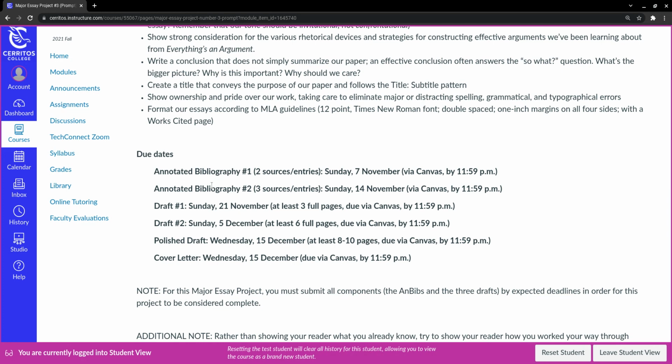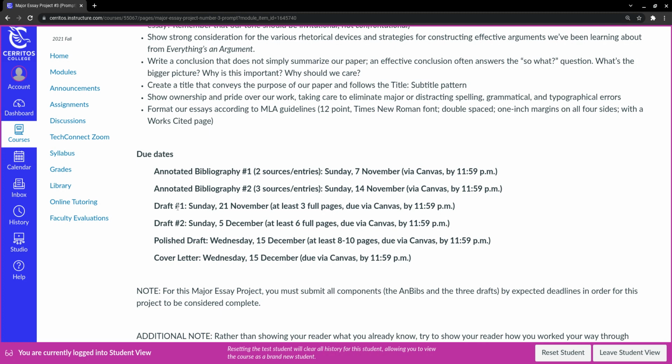So make sure that you take a look at that. The first part of our annotated bibliography, which will have 2 sources, is due Sunday the 7th of November on Canvas by midnight. The second part of the annotated bibliography will have 3 additional sources, and that is due Sunday the 14th of November through Canvas by midnight.